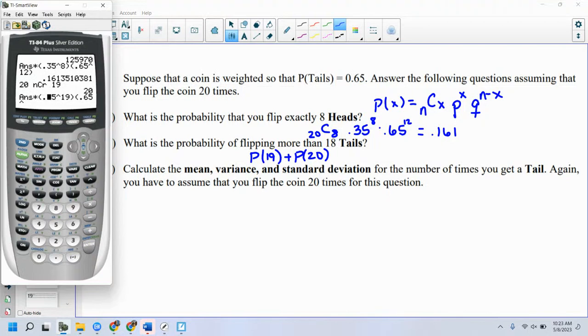I'm just trying to copy off that. So 20 C 19 times 0.65 to the 19th times 0.35 to the first. That's the probability of 19. Plus, okay, I got to put this whole thing in. 20 C 20.